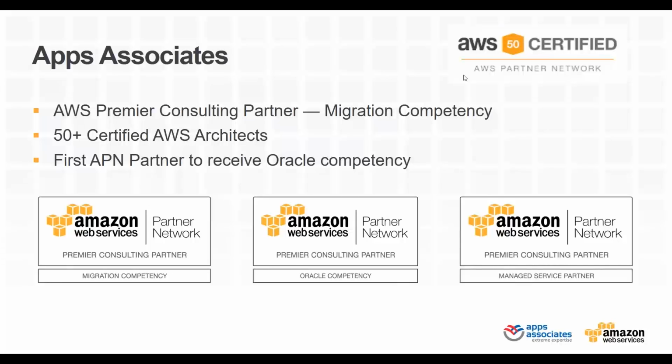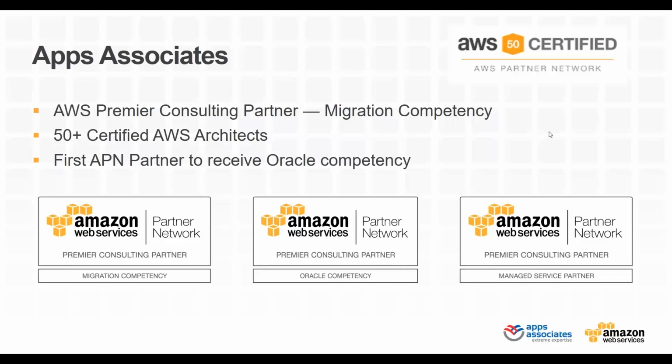We've been around for 15 years or so, headquartered in the Boston, Massachusetts area. Over the last 5 years, we have been helping organizations adopt the AWS platform in various ways. We are a premier consulting partner and have achieved certain competencies that AWS recognizes and helps customers choose partners for their capabilities that they have established through various forms.